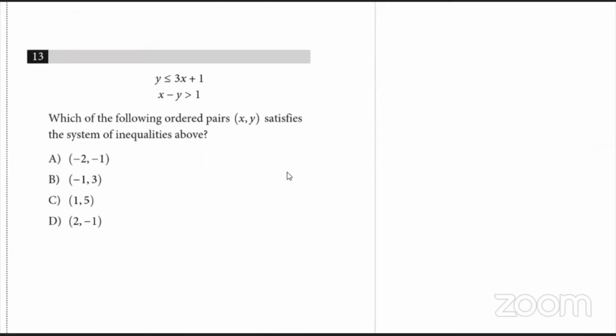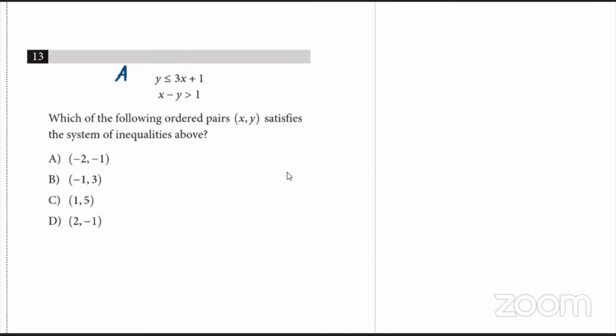Which ordered pair satisfies the system of inequalities above? Okay, so satisfying is essentially the idea that if you plug them in, they'll work. So I'm just thinking to myself, would it be better to graph them or to just plug in the numbers? And I really think it might be better to plug in the numbers.